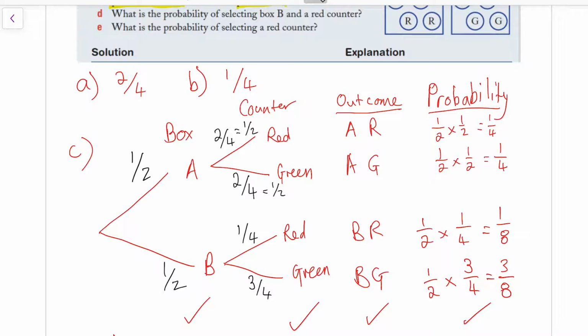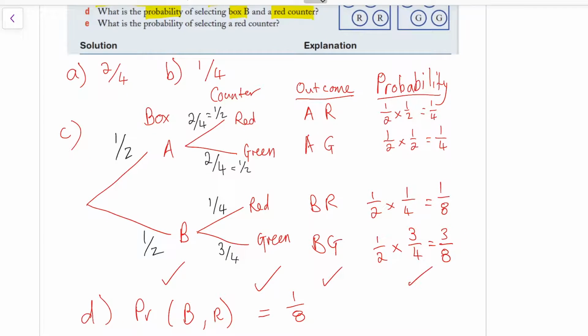Now we can actually move on to what is the probability of selecting box B and it's a red counter. So box B and a red counter, probability of B and a red counter is 1/8. That's simple. So you're doing all the hard work when you do the tree diagram. Probability of selecting a red counter.